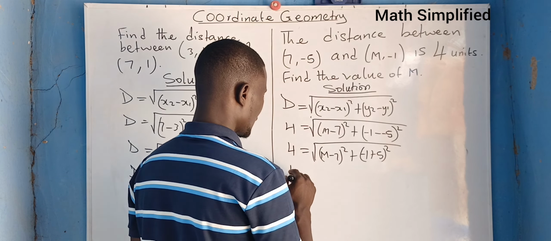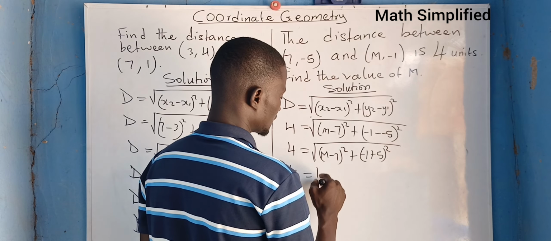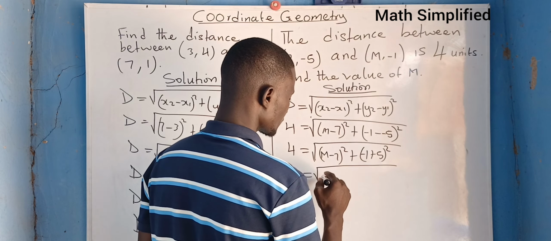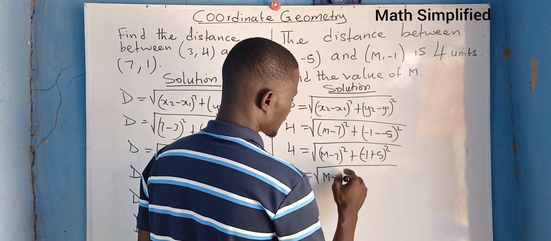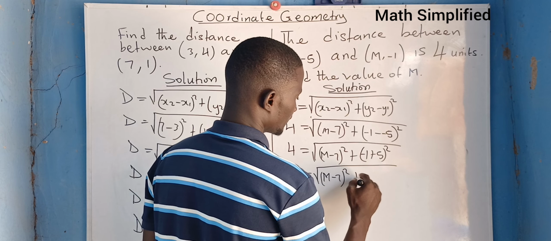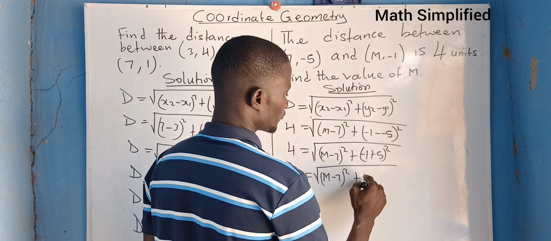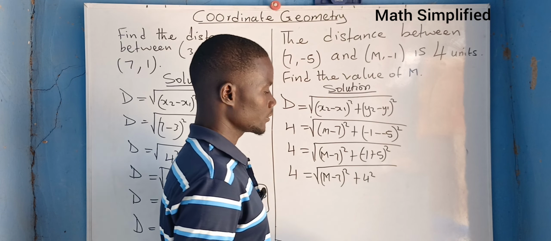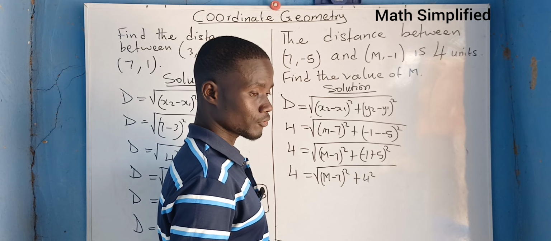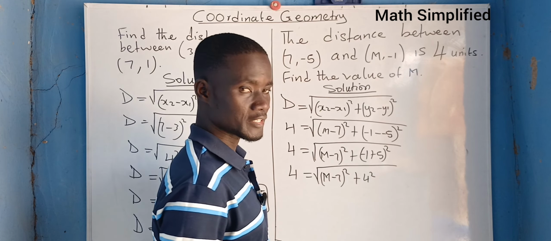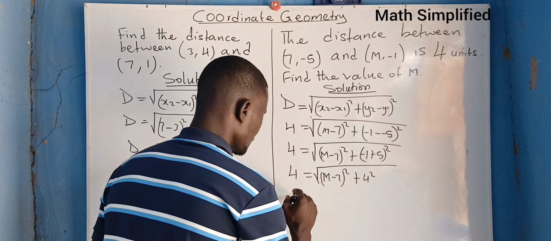So we have 4 equal to the square root of m minus 7 squared plus this will give us 4 squared, isn't it? Negative 1 plus 5 will give us 4. Then our square is attached to it. Let's proceed.